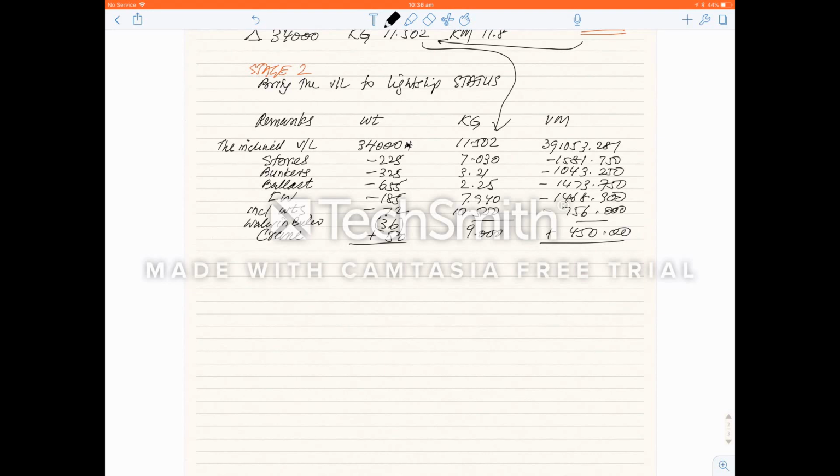So we started with the inclined vessel. Then we adjusted our weights, plus or minus. So we will end up with the light ship vessel.